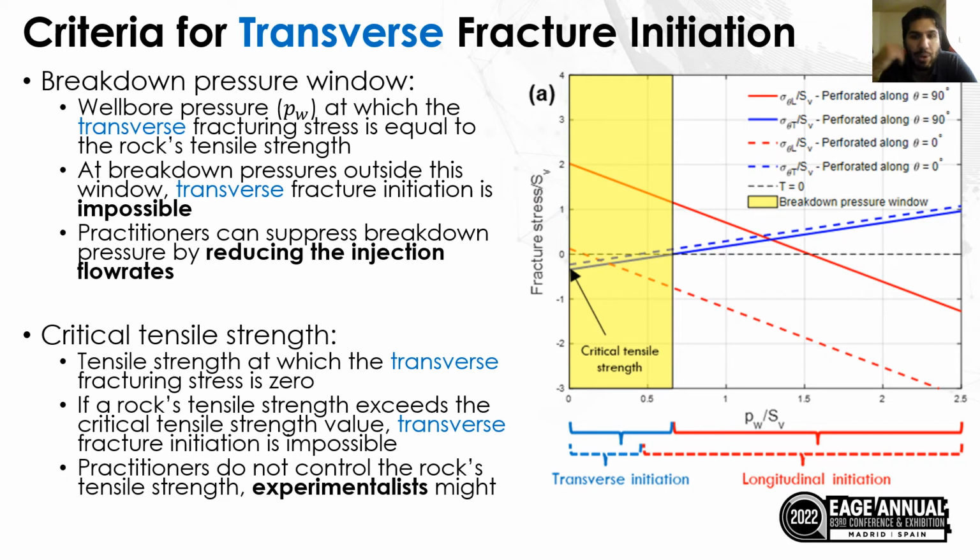However, when it comes to experiments, it does matter because sometimes you do have some control in the laboratory. If you cannot get the breakdown pressure within certain limits, maybe you want to play a little bit with the tensile strength of the material that you are trying to fracture, if that's something synthetic. If that's natural rock, not really.